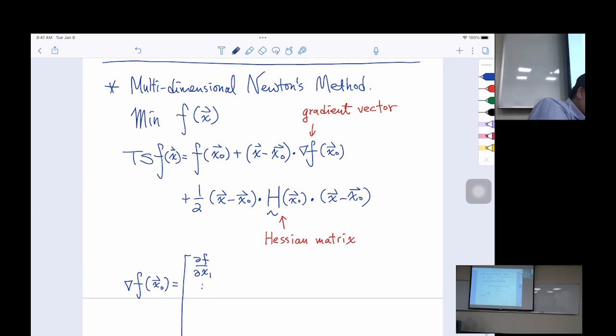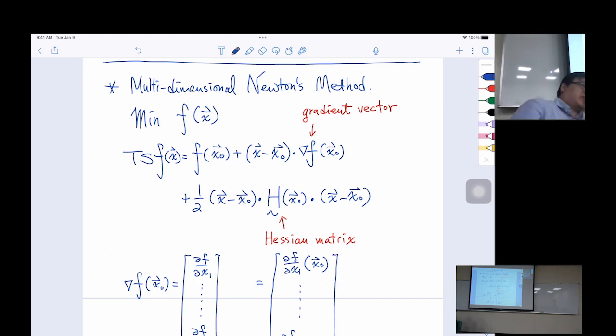Partial derivative. So it's like you're doing partial derivatives, and then you plug in your expansion point. Okay?